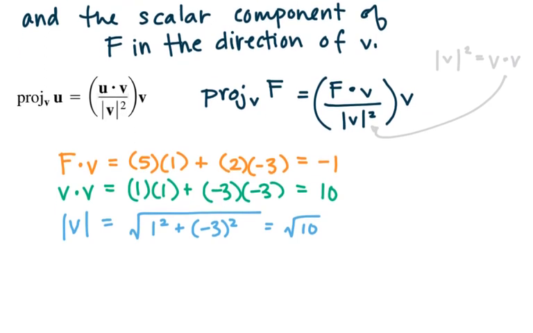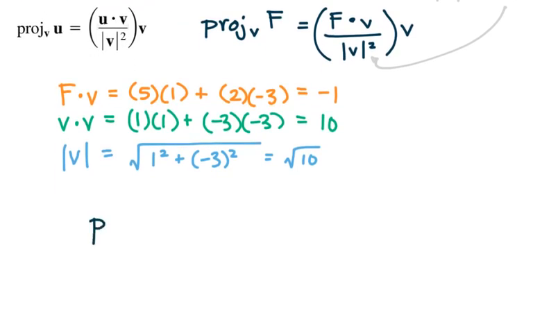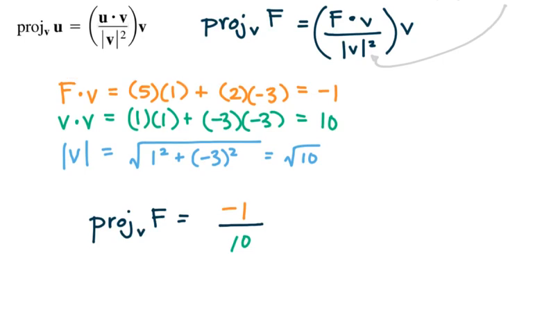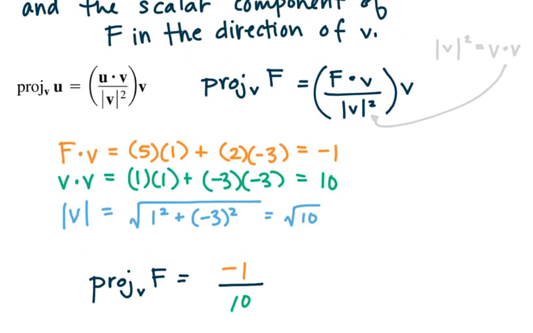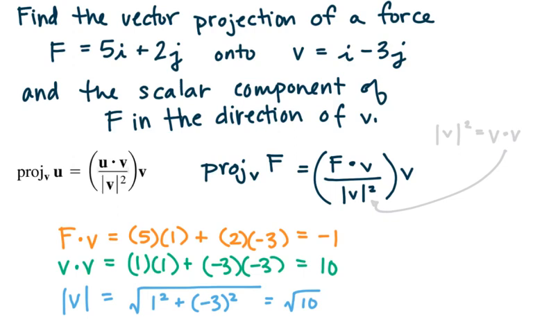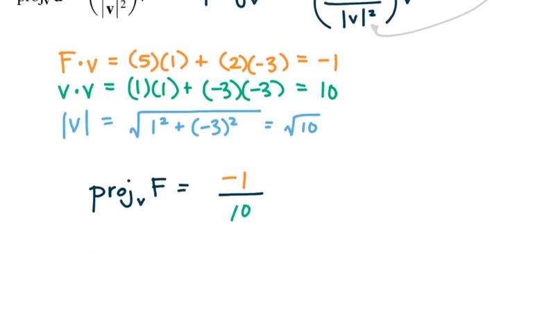So in this case, the projection of F onto V is F dot V, negative 1, divided by the magnitude of V squared, 10, which is, of course, V dot V, times the vector V. And the vector V that was given is i minus 3j.